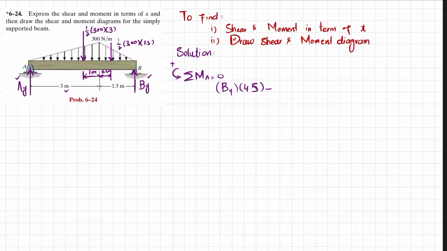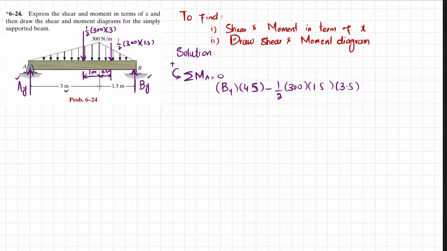So minus 1 over 2 into 300 into 1.5, and the perpendicular distance will be equal to 3.5. The other moment is produced due to this load, and the perpendicular distance is the remaining length, which is 3 minus 1, so 2 meters.